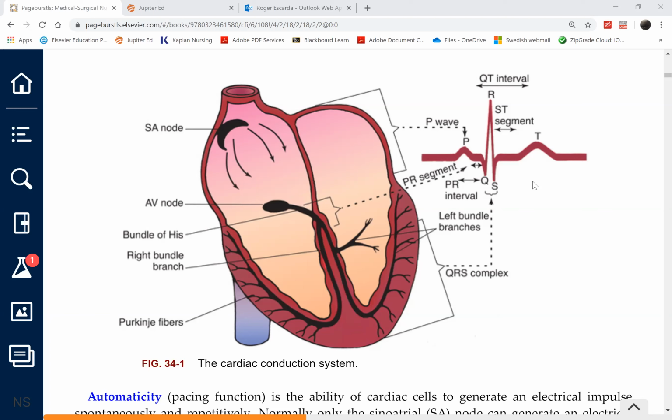So the answer really is we have no idea where exactly it repolarizes. We know it has to repolarize sometime. But because of the electrical activity during the ventricular contraction and ventricular repolarization, we have no idea where exactly the atria repolarize.